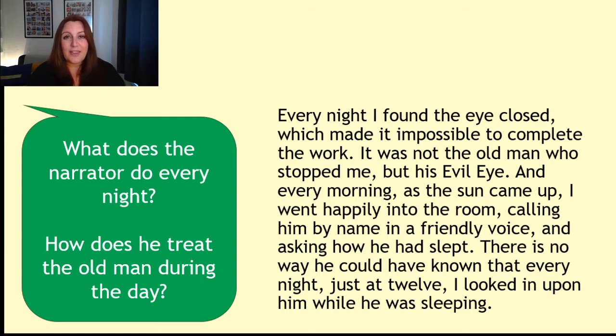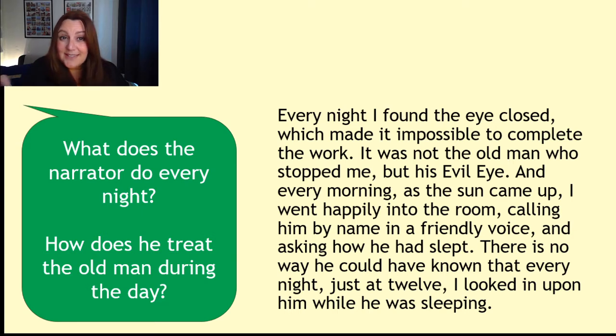And every single night for a week, he crept into his room. He opened the door very slightly, stuck his head in the old man's room, and he opened up the light just a tiny bit, so a tiny ray of light came out, and he shone this ray of light directly on the blind eye of the old man, so he can't see the light, but he is just looking at that eye at midnight every night.